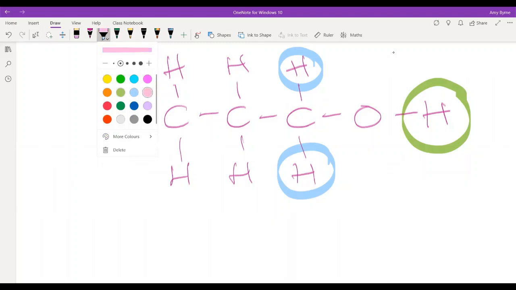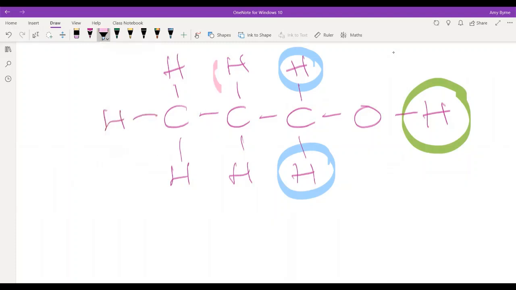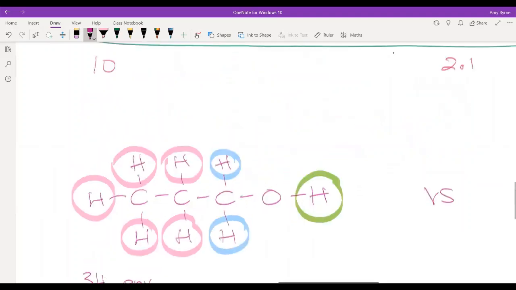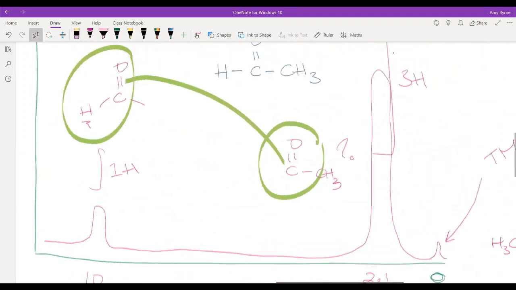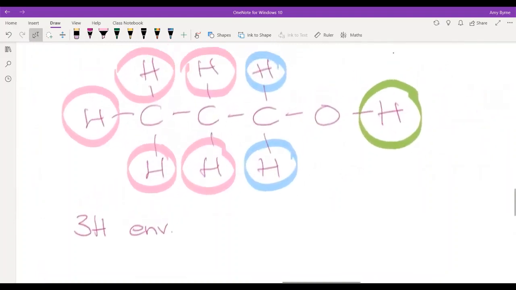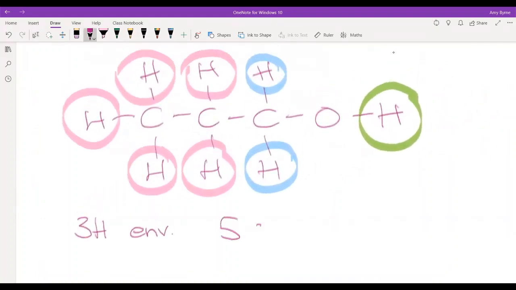And then I have hydrogens that are attached to a carbon on each side. So I would expect to see 3 hydrogen environments. So the number of hydrogen environments is the number of peaks, not including TMS. And I would expect them to have the ratio 5:2:1 when I look at my integration trace.